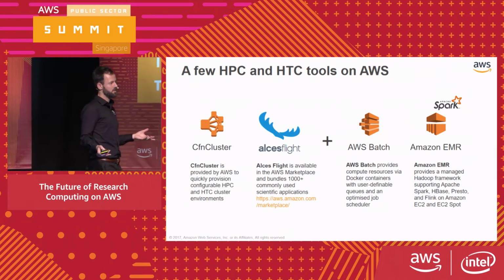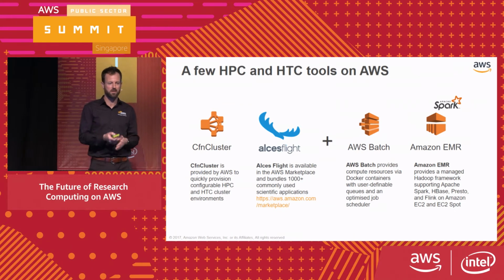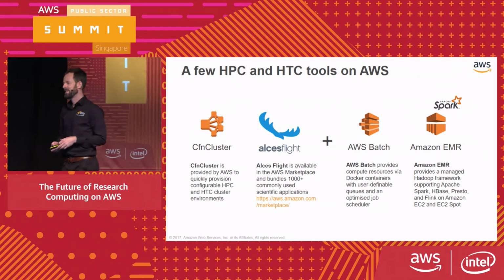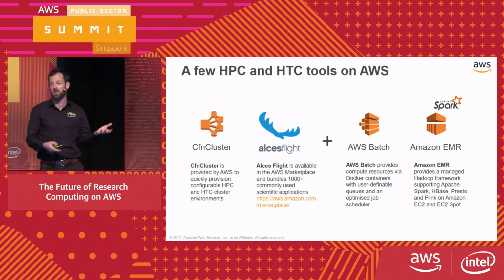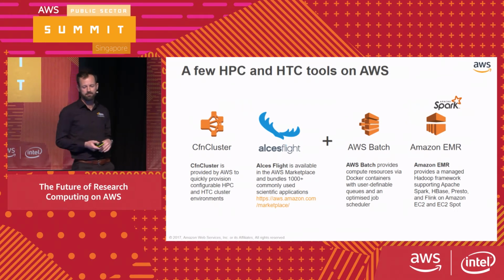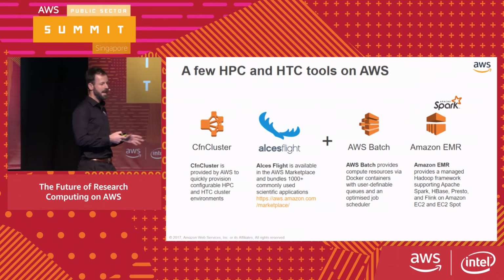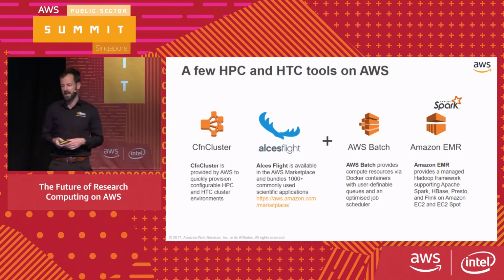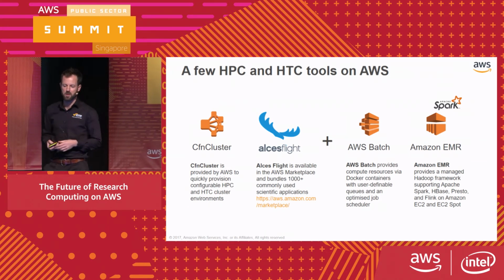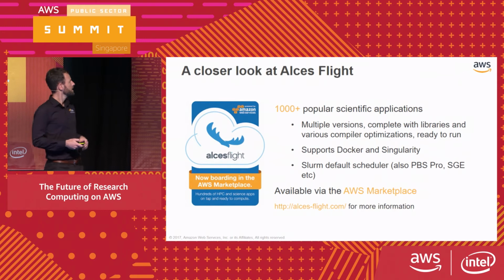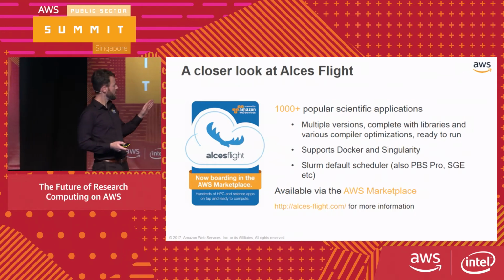Batch manages the distribution of work across that using a scheduler and gives you the concept of queues, and it can use Spot Fleet under the hood to reduce cost by using Spot. And Amazon EMR is our managed Hadoop service, and you get Spark and all the ecosystem tools on top of that. So a little bit on Flight, because I'm about to demo it.